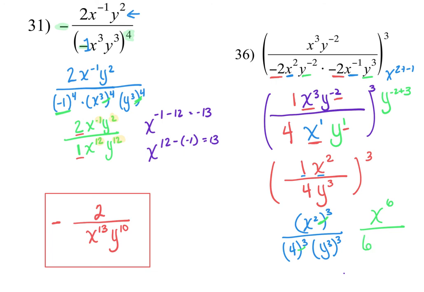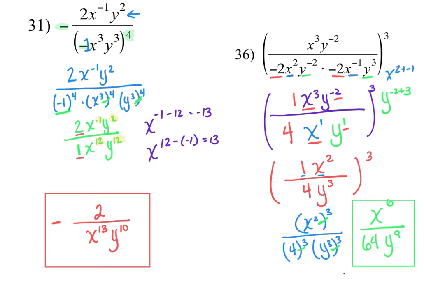Yeah, 64, right? 4 times 4 is 16. 16 times 4 is 64. Okay? And then the last thing are my y's. I have y cubed, cubed. So it's y to the 3 times 3. So it's y to the 9th. All right, y to the 9th. And that is my answer.